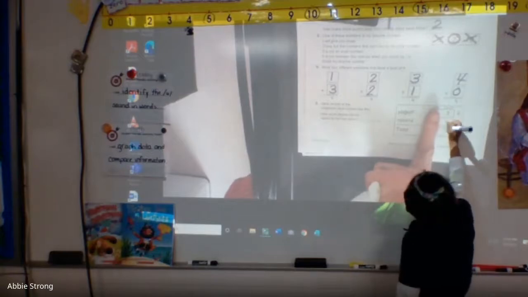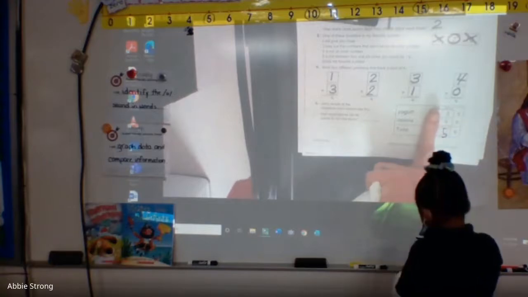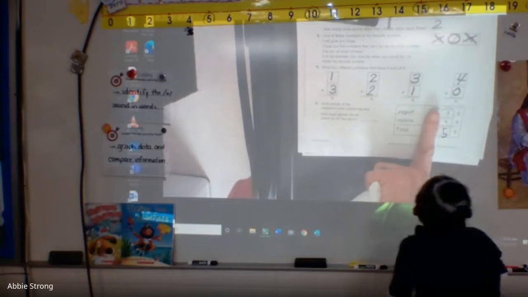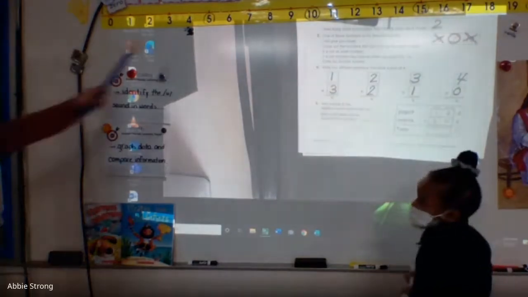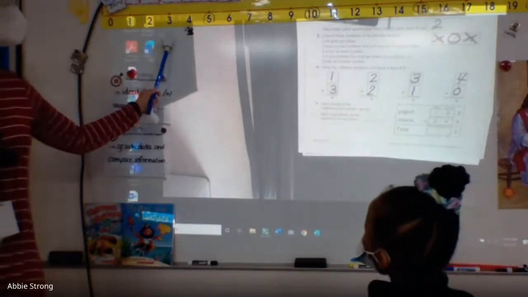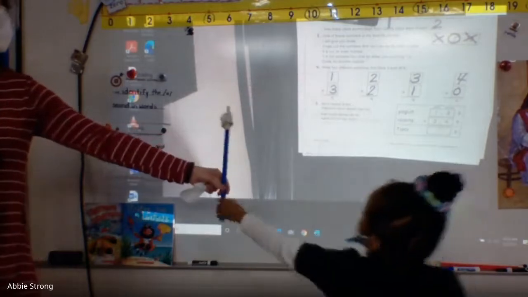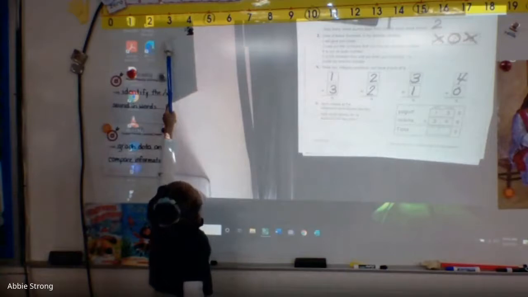Go ahead. Delilah, try it again, honey. Look right here. You're at 3. You need to hop 4 more times. So you can use my pointer and use that to hop. Come over here. Put it on the 3 and hop 4 times.